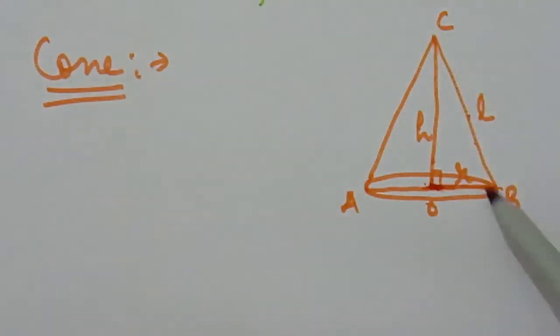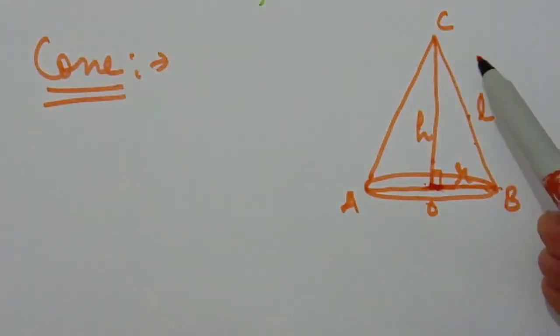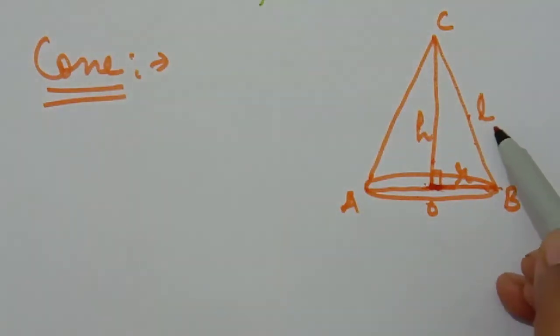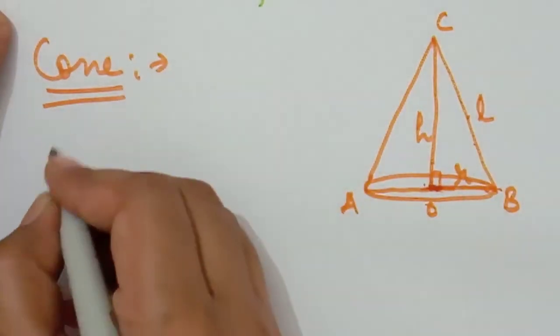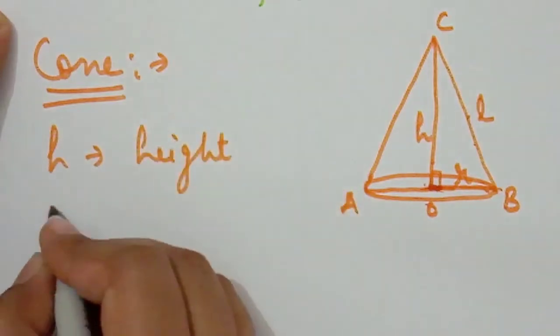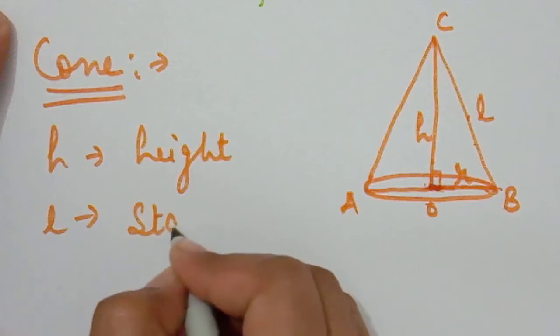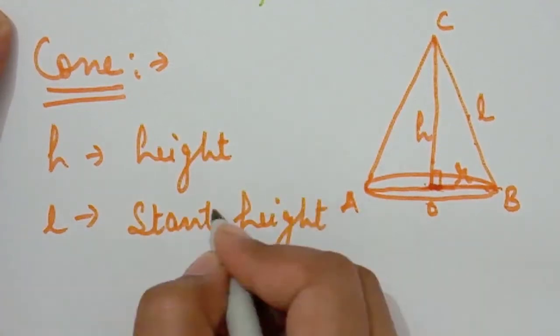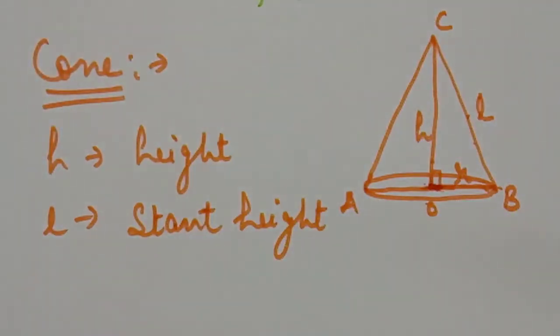Because it is not a straight line, it is a slanting line, we call it slant height. H is the simple height, L is the slant height, correct? R is the radius.